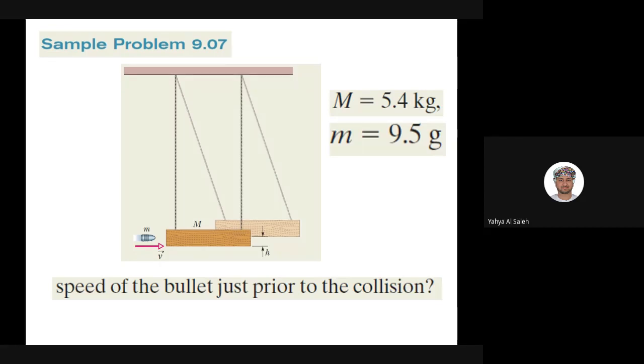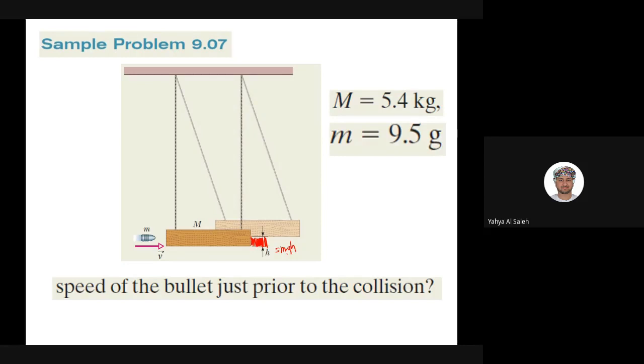Now, from conservation of energy, we know that the amount of kinetic energy that this bullet had would end up raising this block of wood by some height, h. It will give it gravitational potential energy, mgh. And since it's moving, it will eventually stop moving and all the kinetic energy would have gone to mgh.